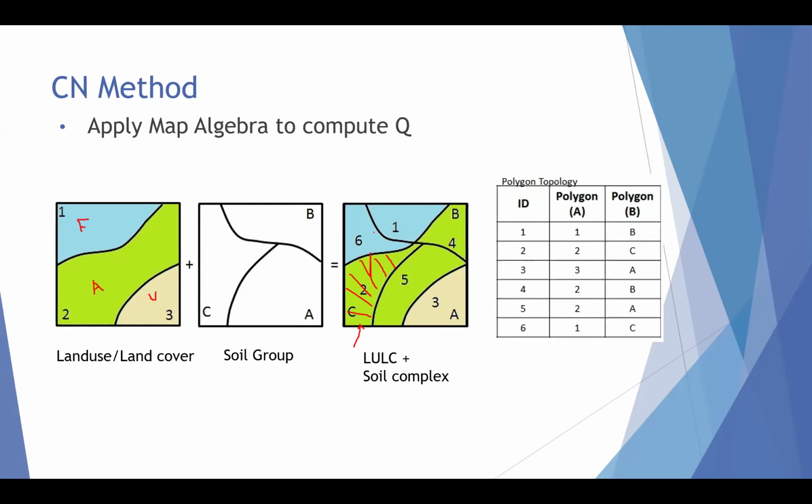In the same way, I can get it for each of these polygons. There are 1, 2, 3, 4, 5, 6 polygons, so for all these 6 polygons I can get how much runoff is generated.